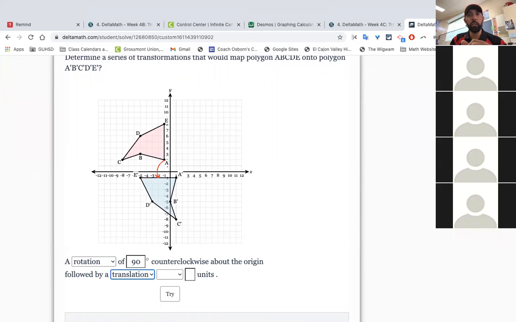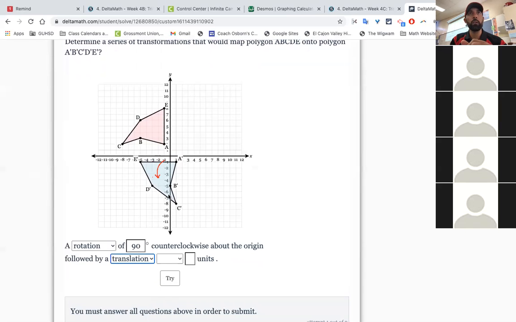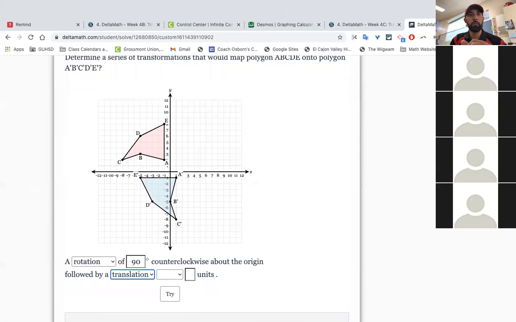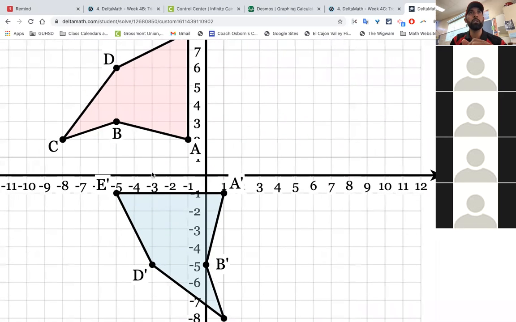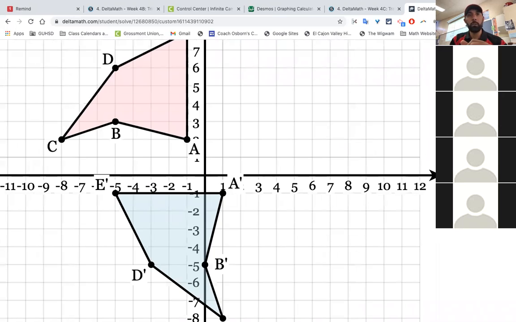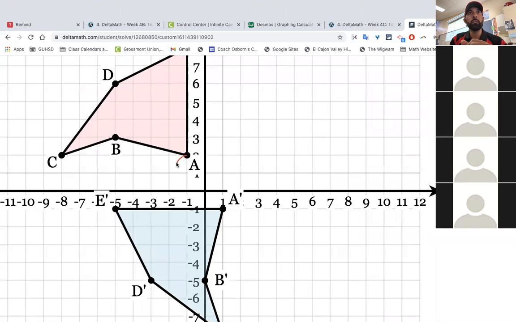Zoom in. All right, I had to zoom in before I start the drawing. Still trying to get used to these tools, even though it's only been a year doing this. All right, so here we go. So I got to rotate this guy down to here.